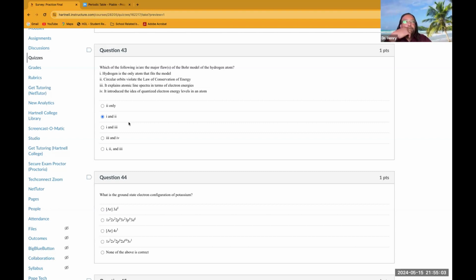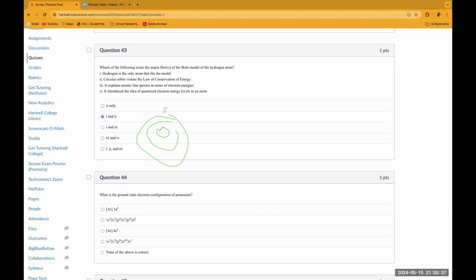Does that make sense? I know about the s orbital and the px, py, pz. That's right. But if they're all just circling around the nucleus, that's going to violate our energy, because at some point you may get two electrons in close proximity to each other, and that's going to cause repulsion and more energy than you're supposed to have. You're not going to be able to conserve.